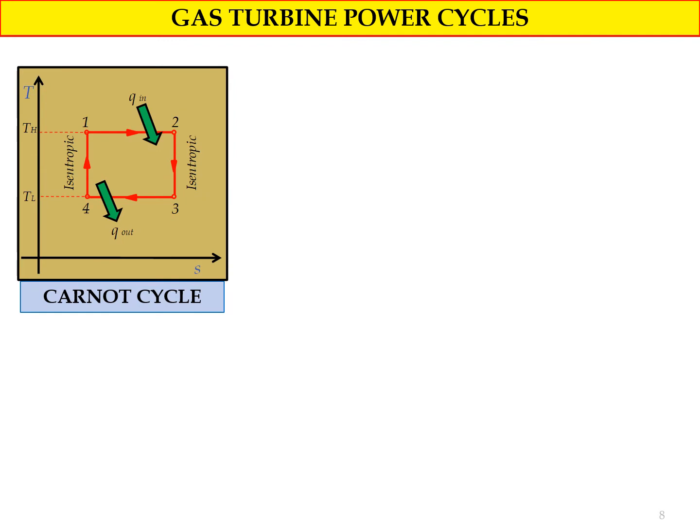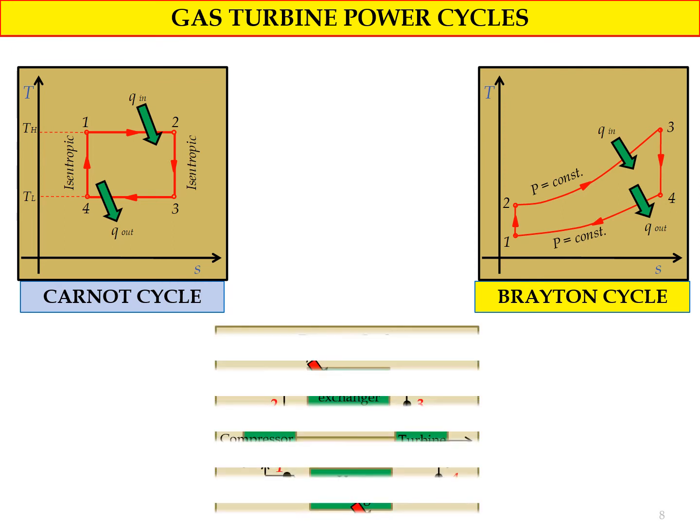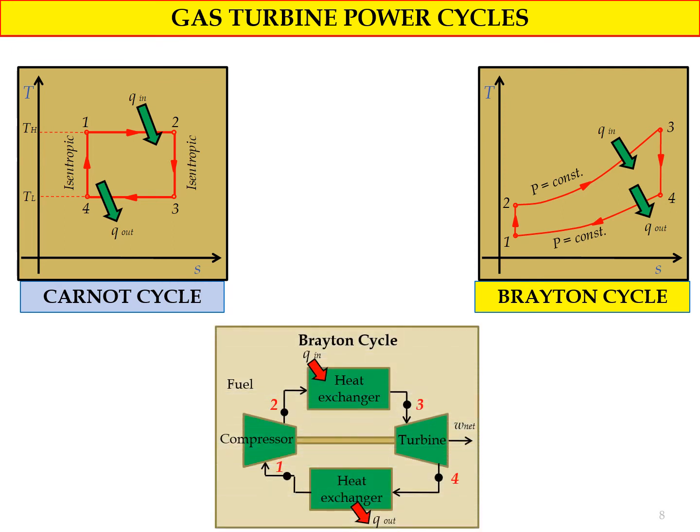This is the TS diagram of the Carnot cycle, and this is the TS diagram of the Brayton cycle. Why do we use the Carnot cycle? Because we use the Carnot cycle as a comparison, since it has the maximum capability compared to the rest of these cycles. And this is the main component layout after we simplified it from the actual system.